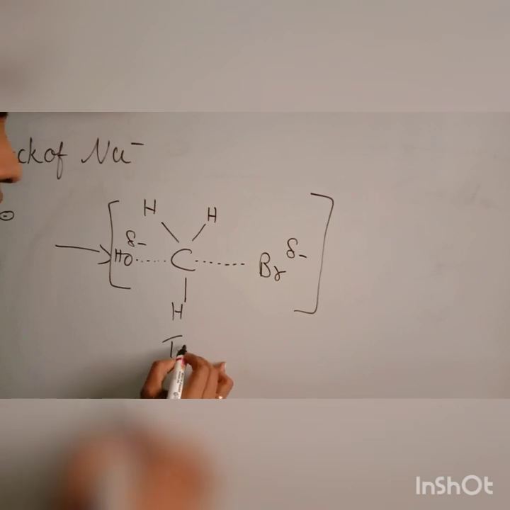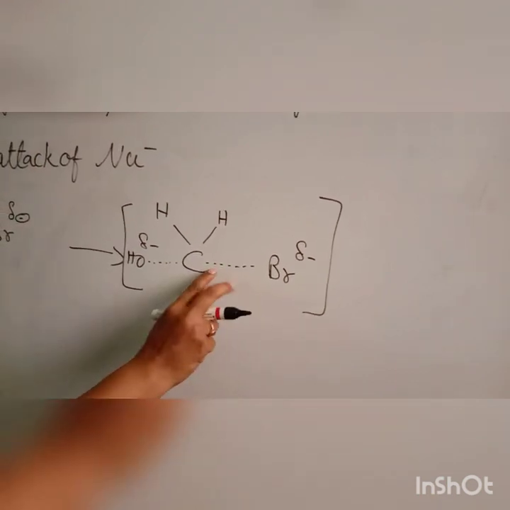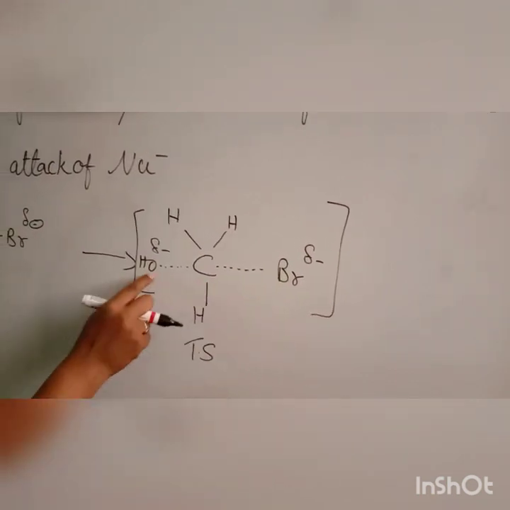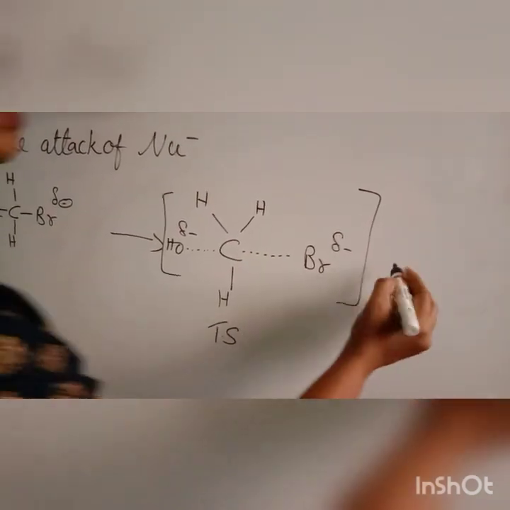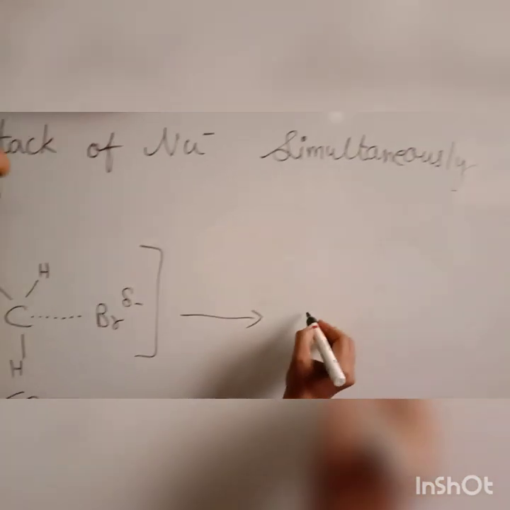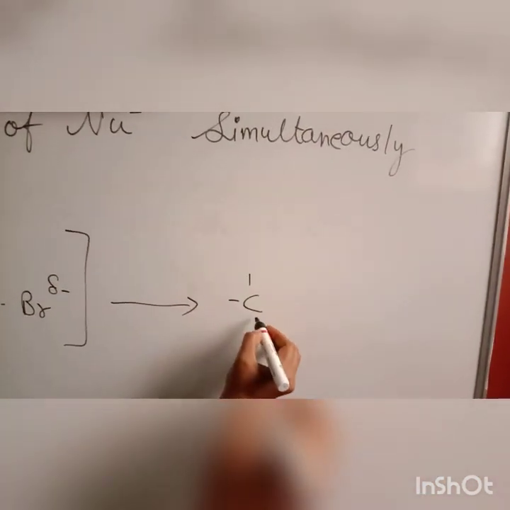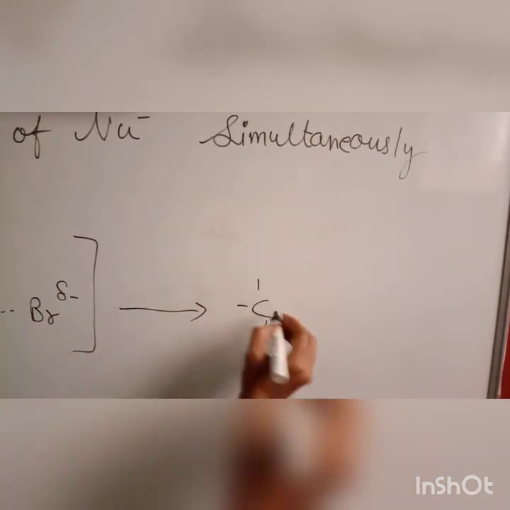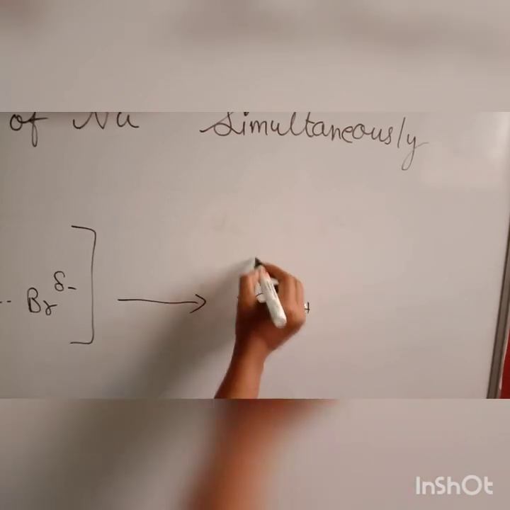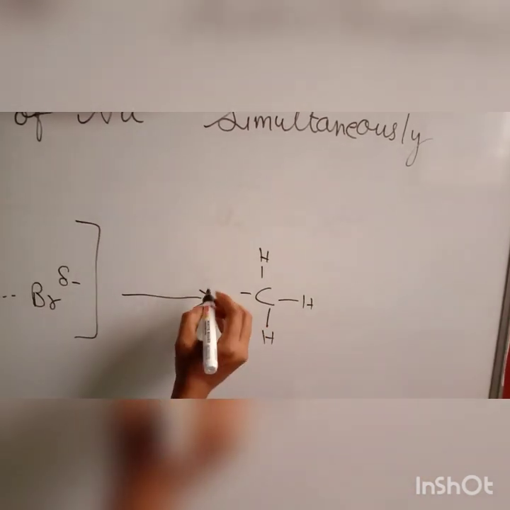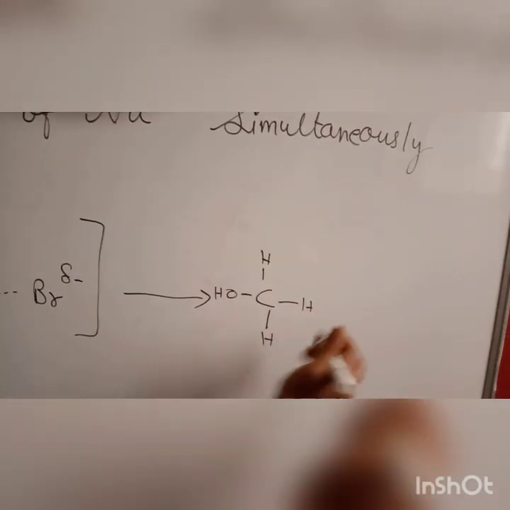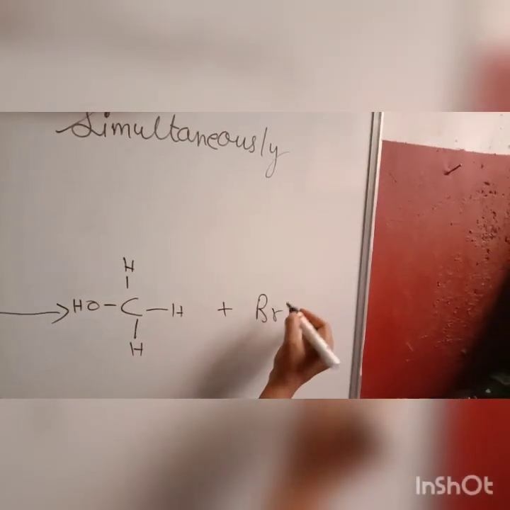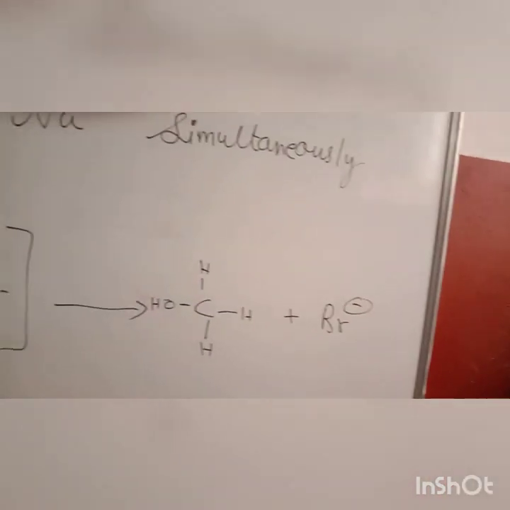This leads to the formation of the product, the alcohol, and the bromide comes out as a leaving group.